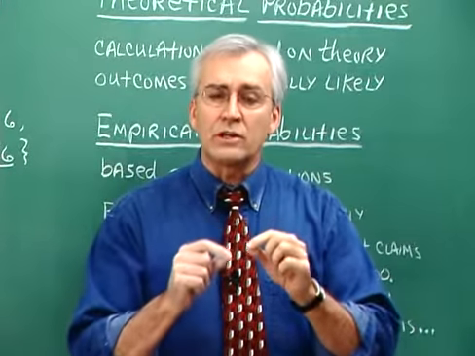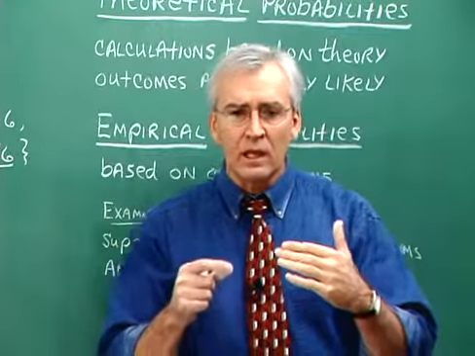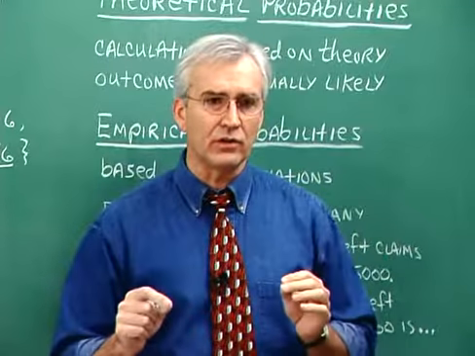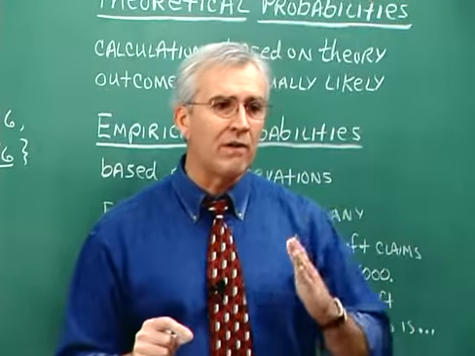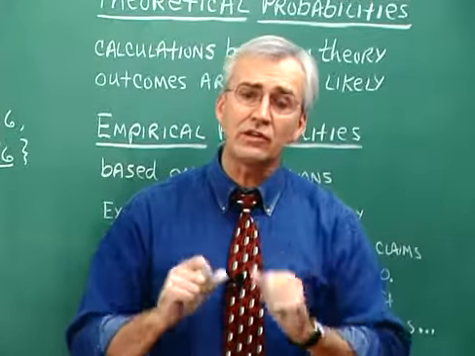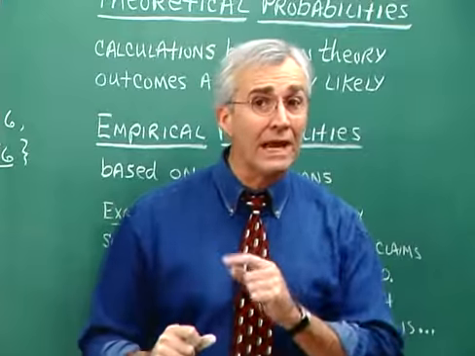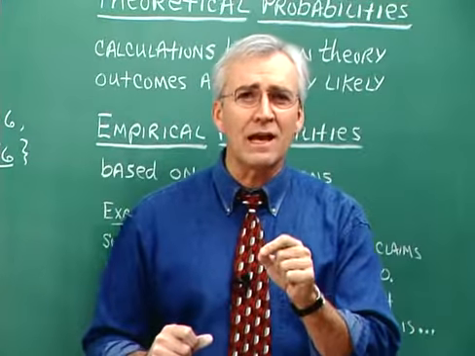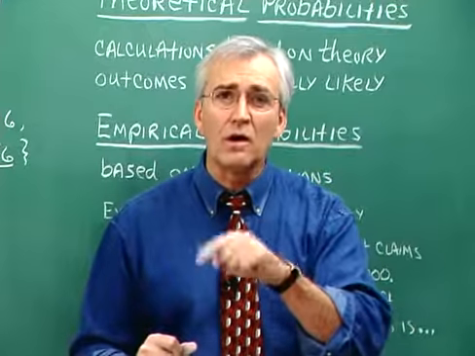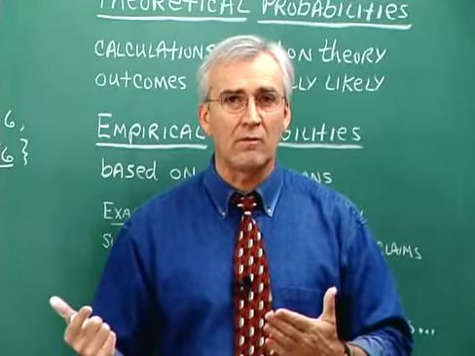The meteorologist is referring to past events, and given the circumstances that we're going to have in our weather condition tomorrow, from past experience, when those conditions have existed, 75% of the time it has rained. And therefore we can say that we have a 75% chance of rain tomorrow. So we're using past observations in order to make this probability.